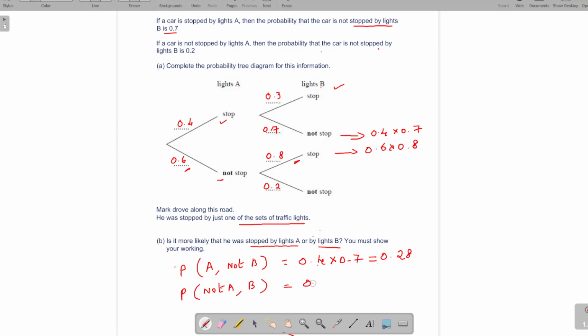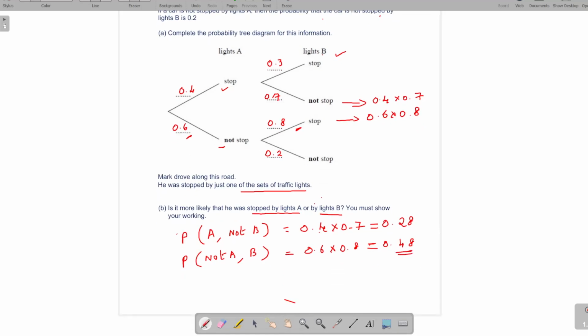So 0.6 times 0.8 is 0.48. So the second one is bigger. So we could say he is more likely to be stopped by B.